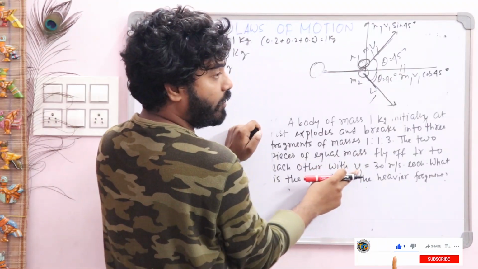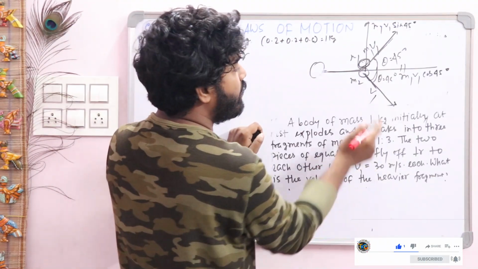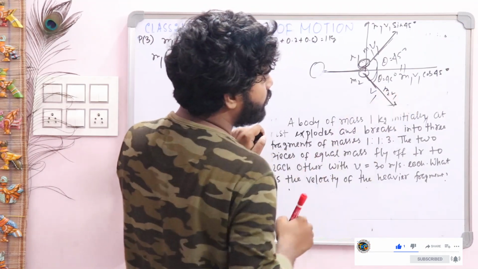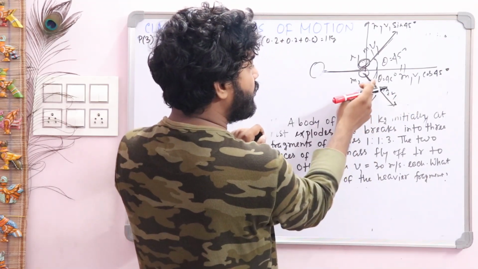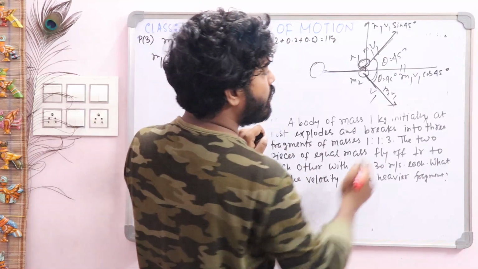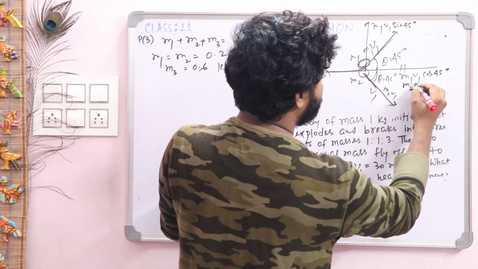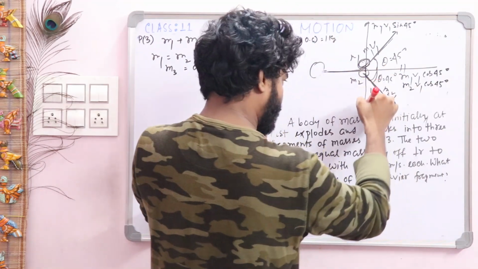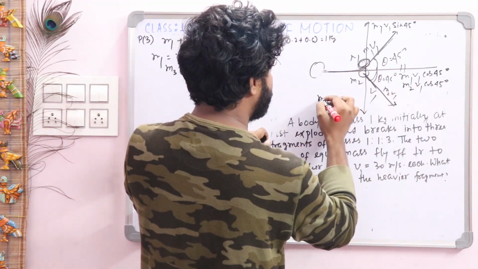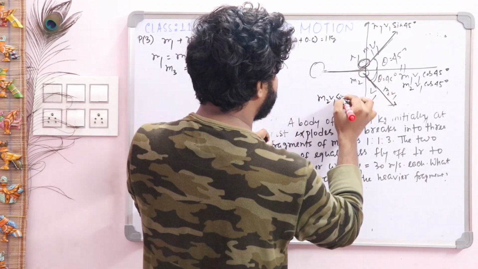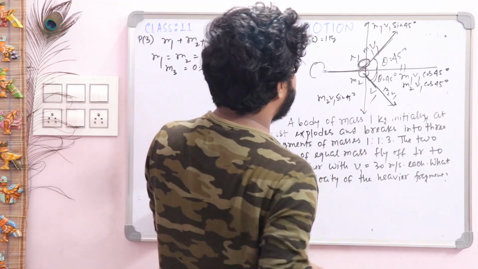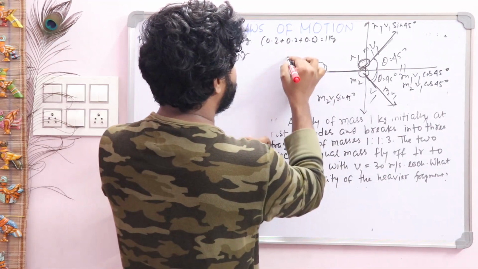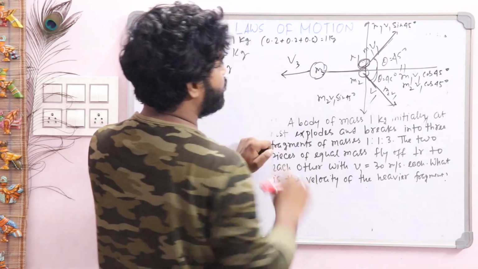In the same way, for the second body moving with the same velocity v1, both moving with 30, the momentum is m2 v1. So m2 v1 makes an angle theta also with the horizontal, so it has a horizontal component, m2 v1 cos 45, and the vertical component will be m2 v1 sin 45. And suppose this is m3, moving in that direction with velocity v3.